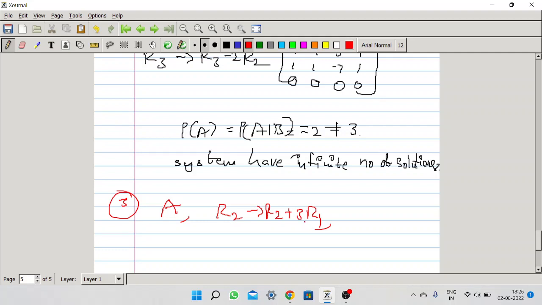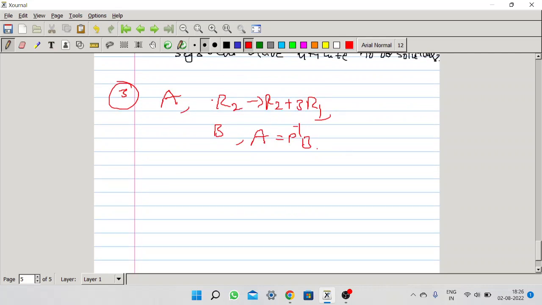The resulting matrix is called B, and we have A equal to P inverse B. Then it is asking what is the matrix P. So by the given conditions only we will derive what is the matrix P.